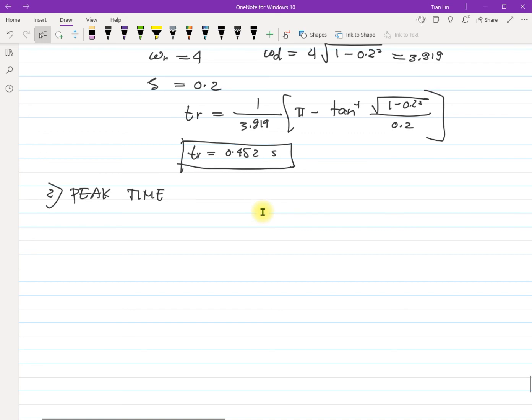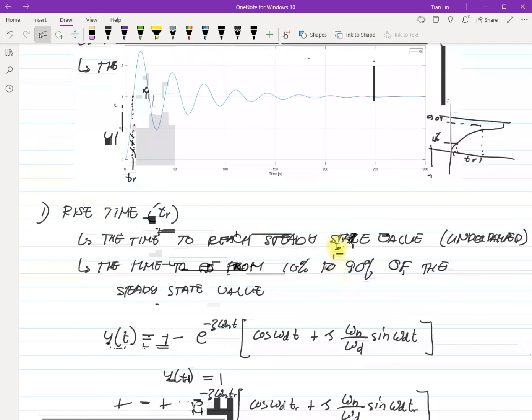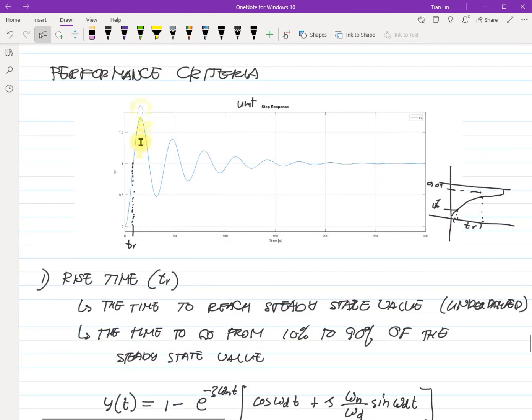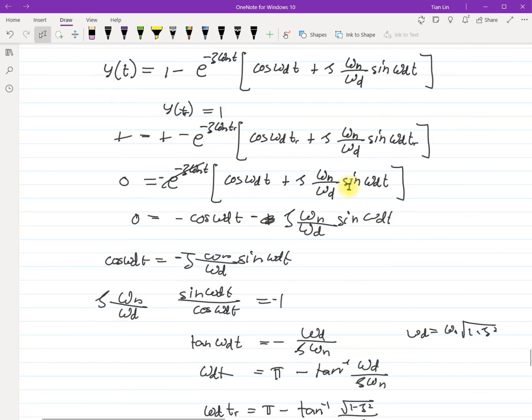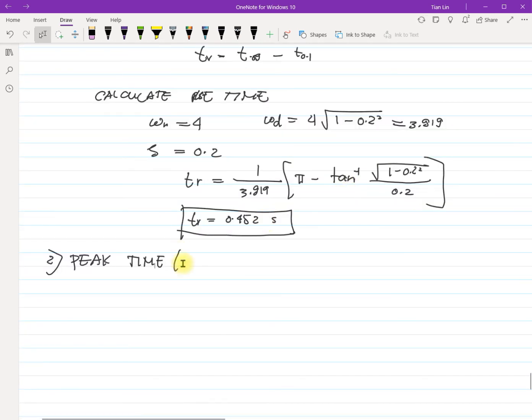We only have peak time for the underdamped because there's an overshoot for underdamped. So peak time is the time needed to reach this point, the highest value that the response reached. So this will be TP.